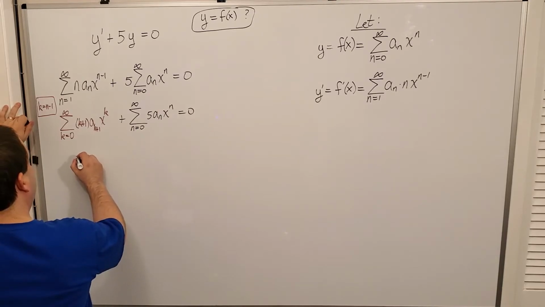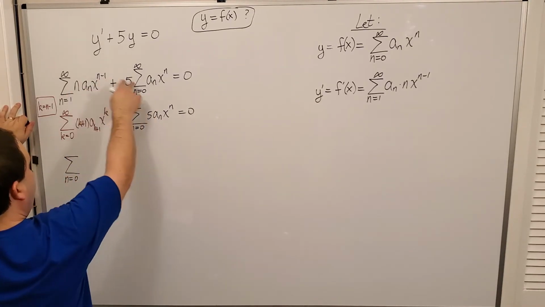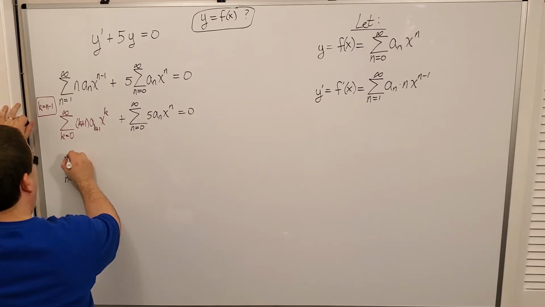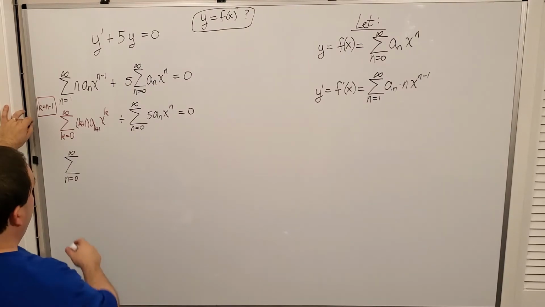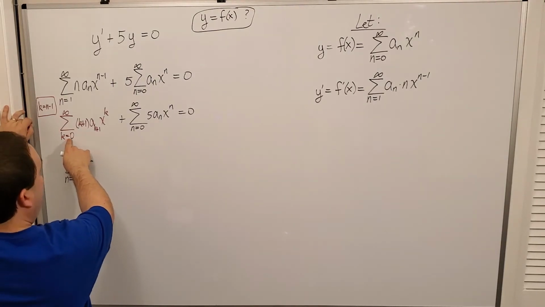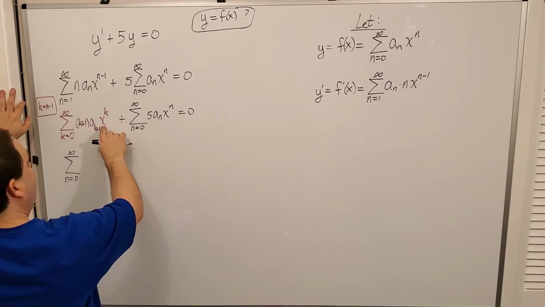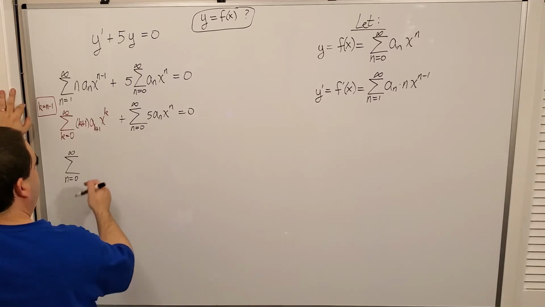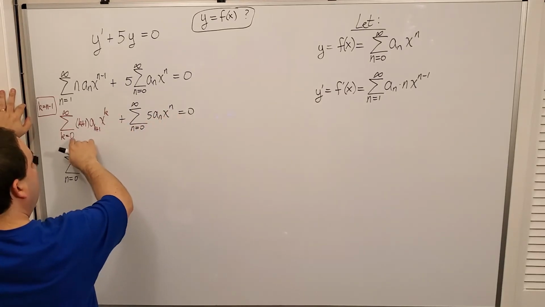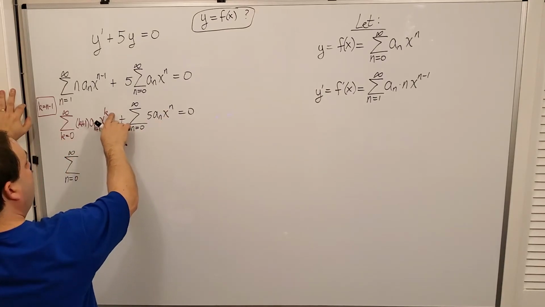I can merge them into one big summation, and I'll just use n for the purposes of this. I could actually use whatever. I could use a or b or d or whatever. It doesn't really matter. The numberings are what matters. And then I have x to the n, x to the n. Those are the same. X to the k and x to the n, because they're going to be numbered the same. When n is 0, x to the 0. When k is 0, x to the 0.